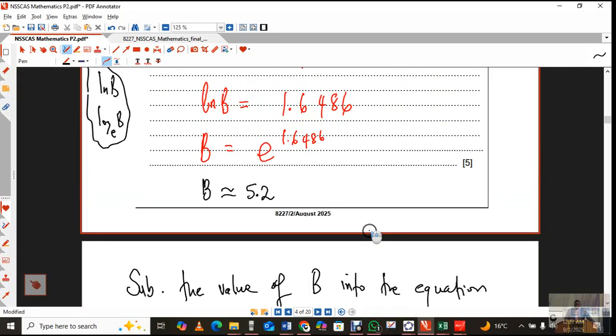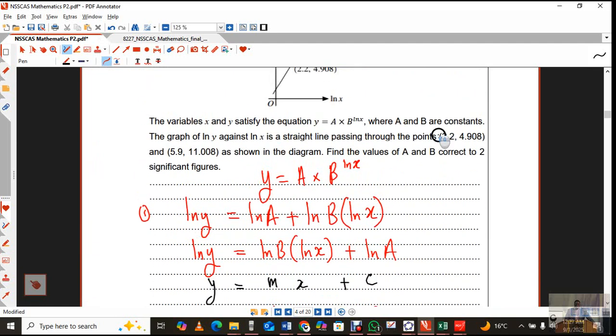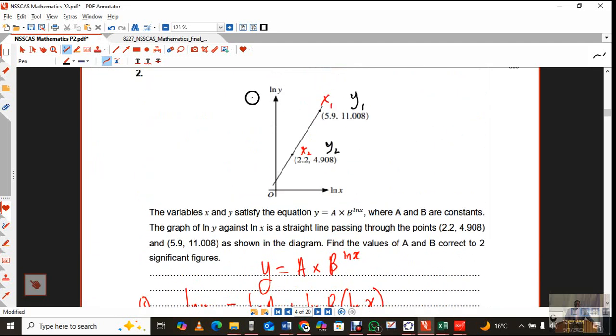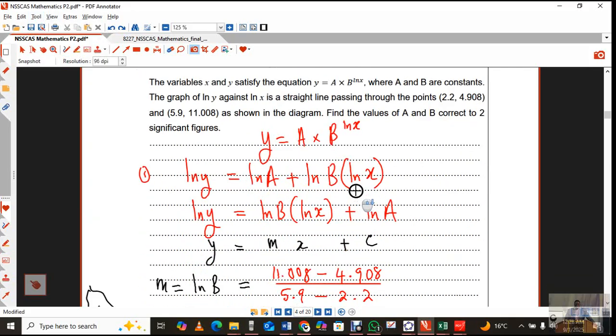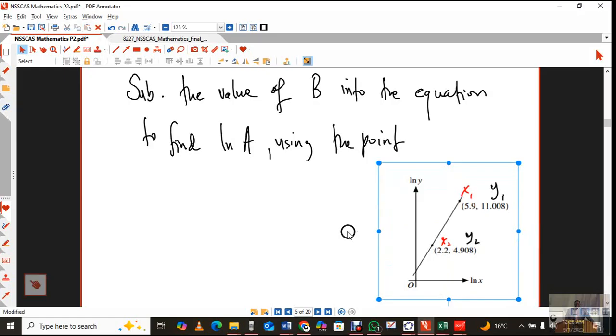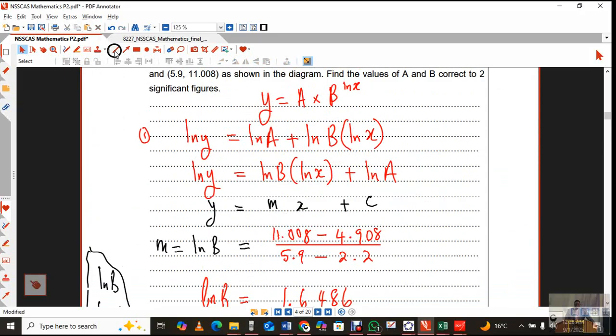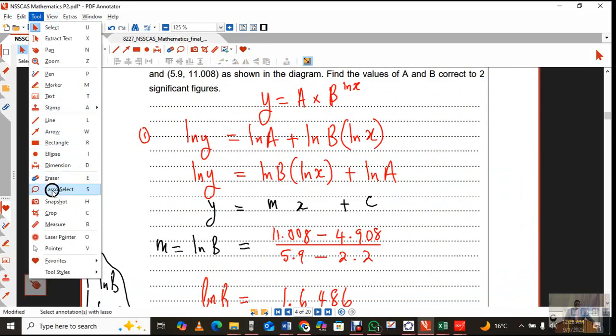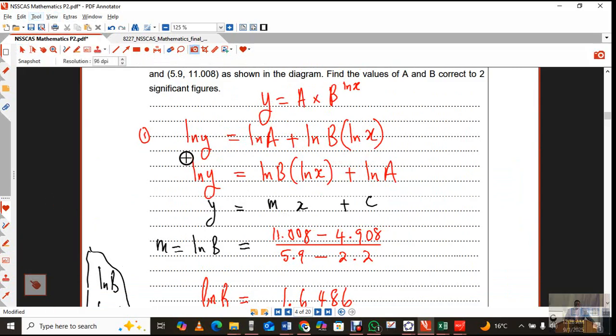Let me go back to my diagram and take a snapshot of it. I want this diagram over here, the new place where I'm working. I'm also looking for my equation that I have done so far, so take a snapshot of the equation, maybe the whole of it.